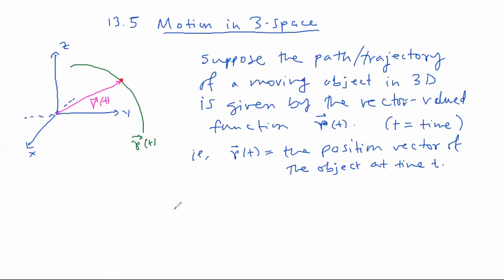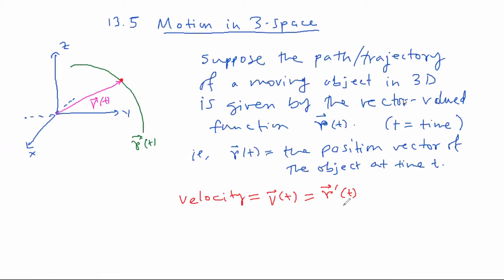And you know that velocity would be the rate of change of the position, right? So position is given by r, so velocity, v of t, is just the derivative of r, because derivative means rate of change.